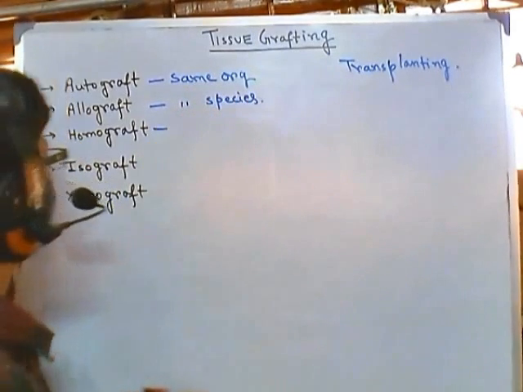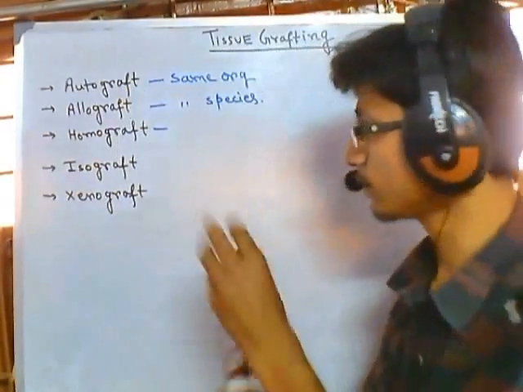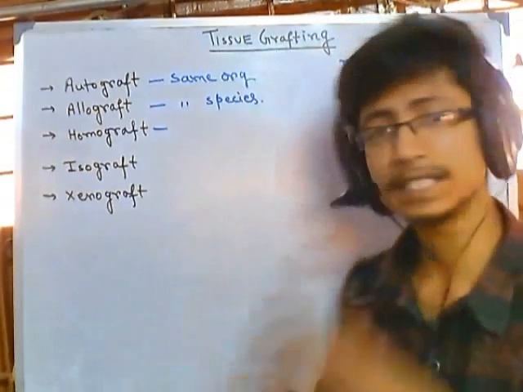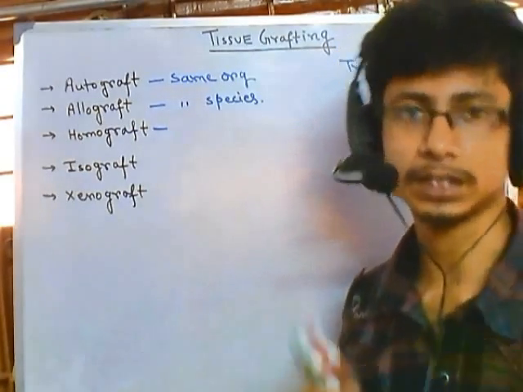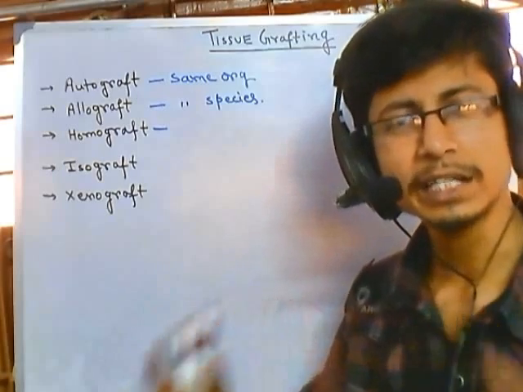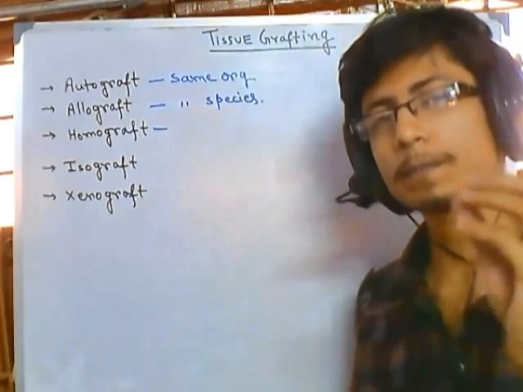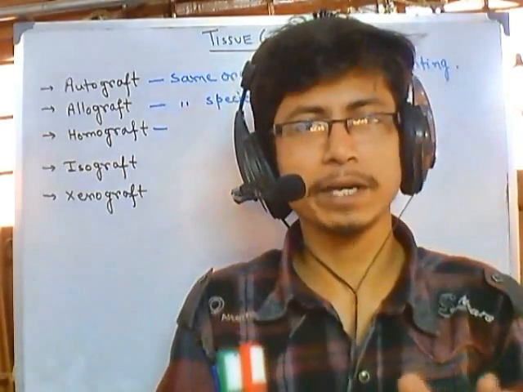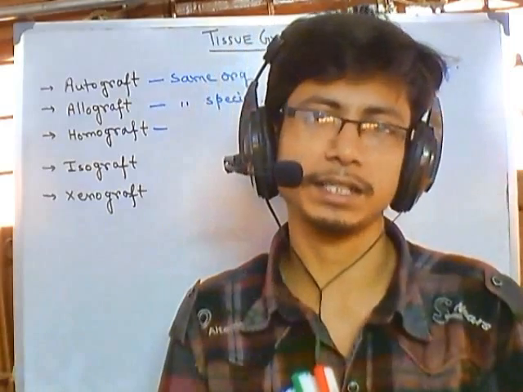Okay, the third one is homografting. Homografting means we transfer the tissue graft from one place to another between the same species having genetic diversity, or genetically different. So they genetically vary. For example, members of the same species can have very similar genetic makeup, or sometimes members of the same species can have slight variance in their genetic makeup.